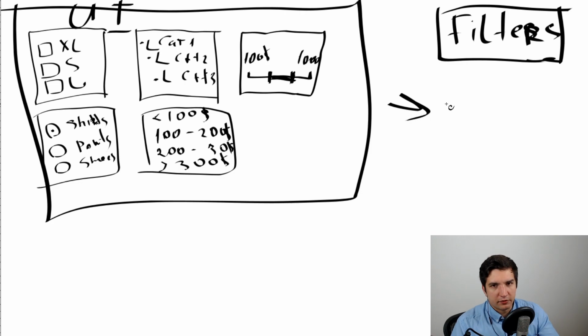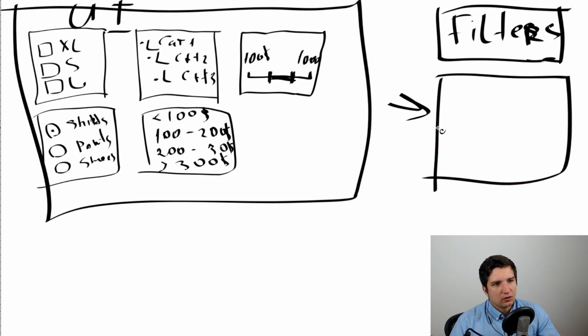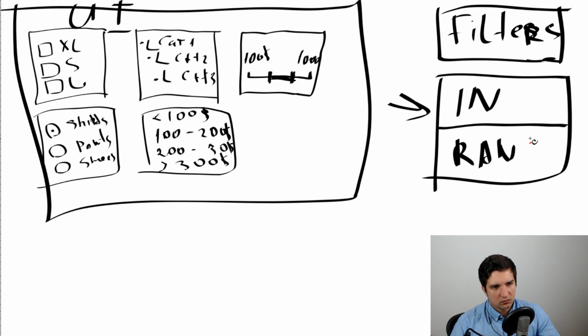So I don't know if there are any other options. There's basically only two types of filter, right? One is in, and another is basically a range. I didn't see any other options being used in a while. If you want to filter by text, you usually use a search string.